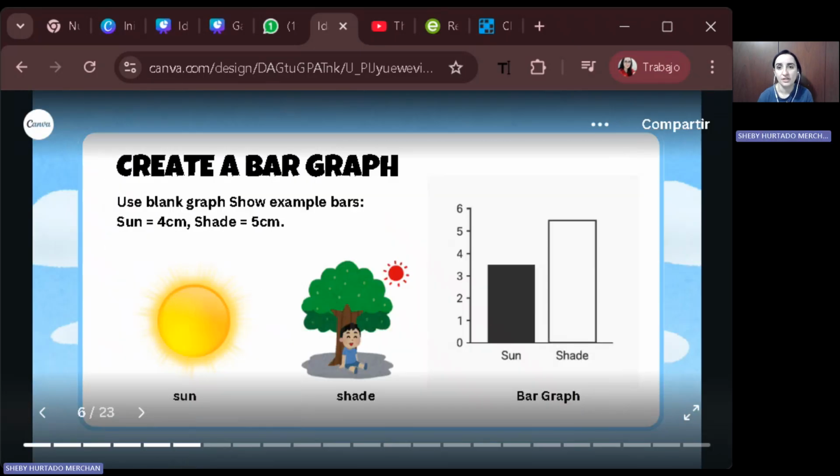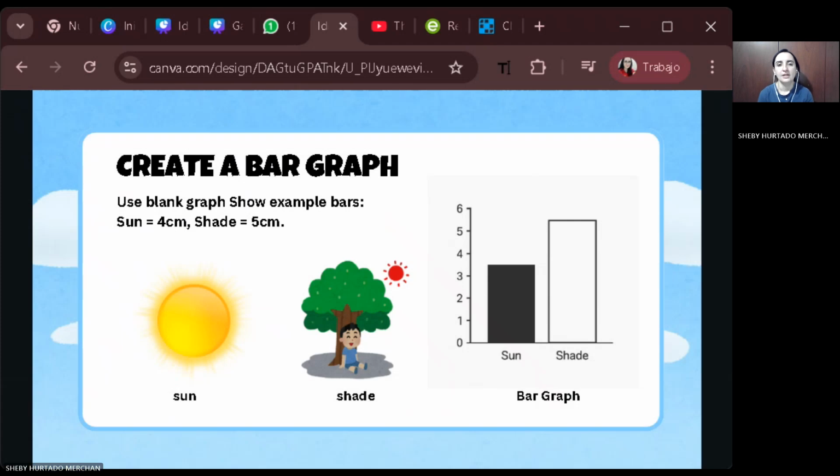Okay. Now create a bar graph. Now let's draw our bar graph. Use your data. One bar for the sun, one for the shade. Color it too. Use the blank graph shown.